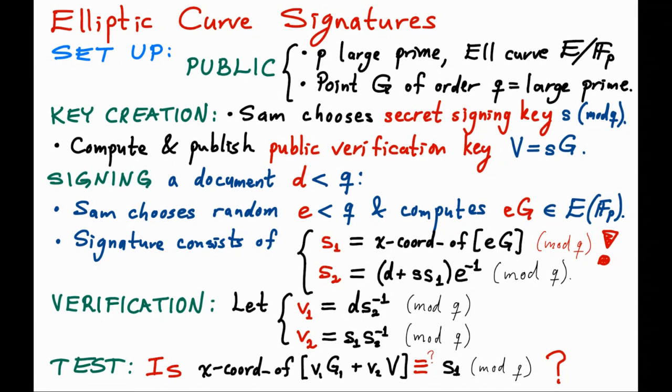And again, in order to do the signature, Sam as a signer, the first part of this is choosing a random integer less than Q, which is actually going to be used as an exponent. The first thing we're going to do with this random exponent e, not surprisingly, is exponentiate. So you do e times G. But that's not the signature itself. So you just compute e times G, right?